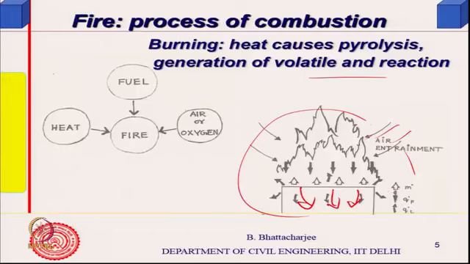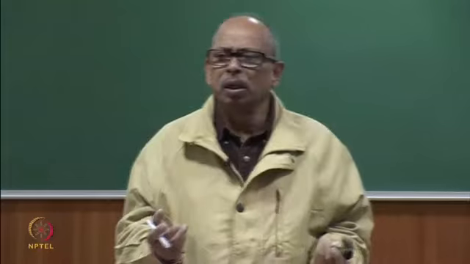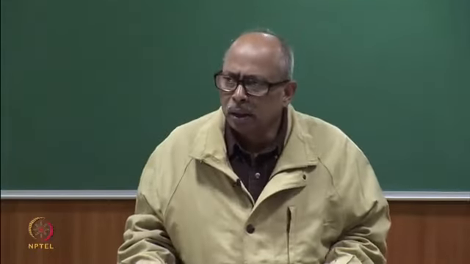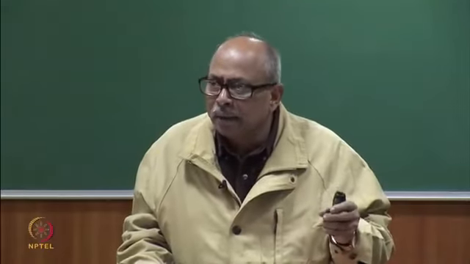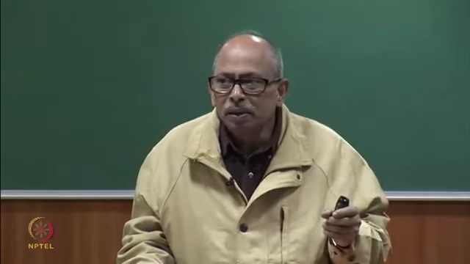And then we do a little bit of quantification also. We can talk in terms of burning rate, m dot. I will define this a little bit later. Dot is usually the nomenclature used in many books for rate, and m is the mass.